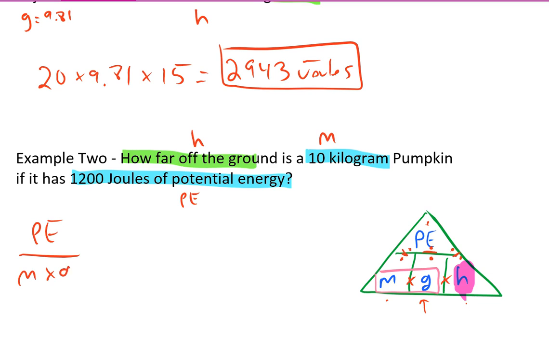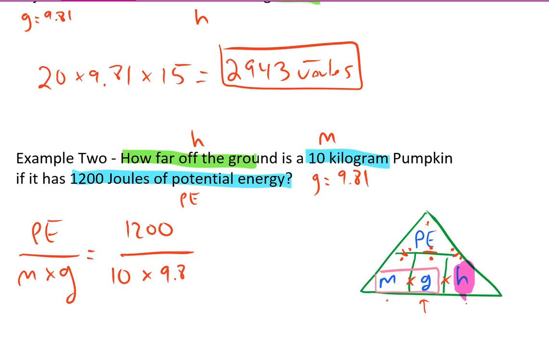Okay, and that's just what our equation triangle shows here. Potential energy divided by mass times gravity. So if we set that up, we have 1,200 divided by our mass, which is 10, times, since we're on Earth, gravity is going to be the same as before, 9.81.